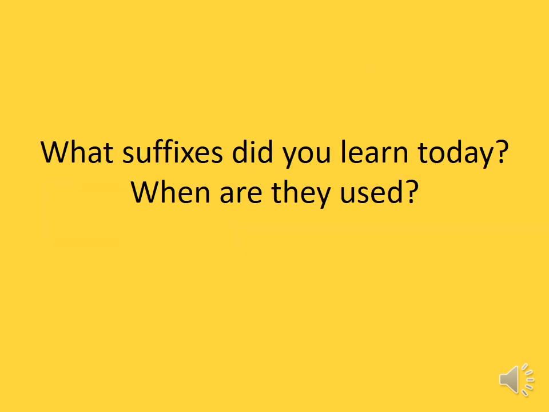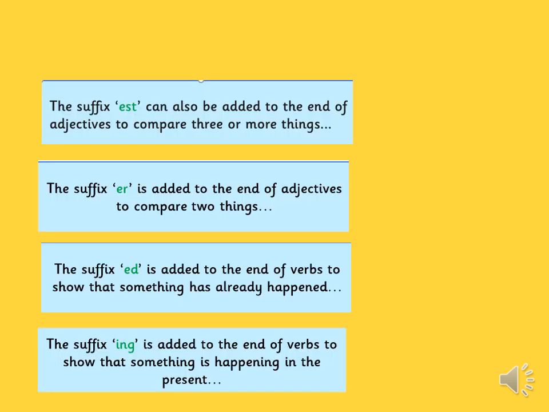Okay guys, so what suffixes did you learn today and when are they supposed to be used? I want you to pause the video for 1 minute and think about all the suffixes that you learned today and when and how they are supposed to be used. So pause the video. So the suffix est, which can be added to the end of adjectives to compare 3 or more things.